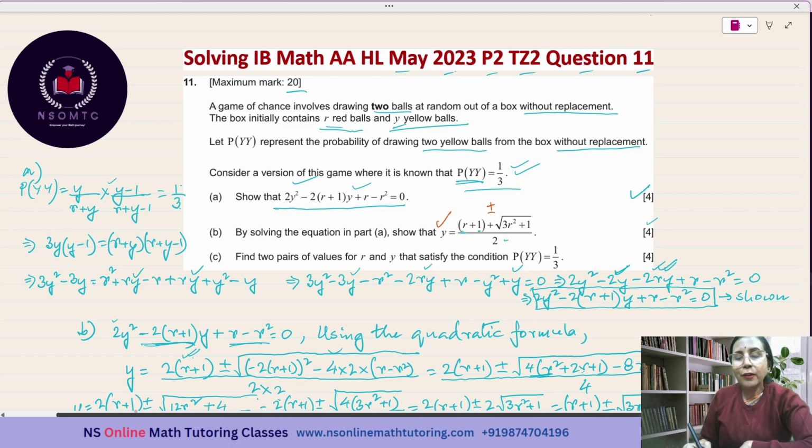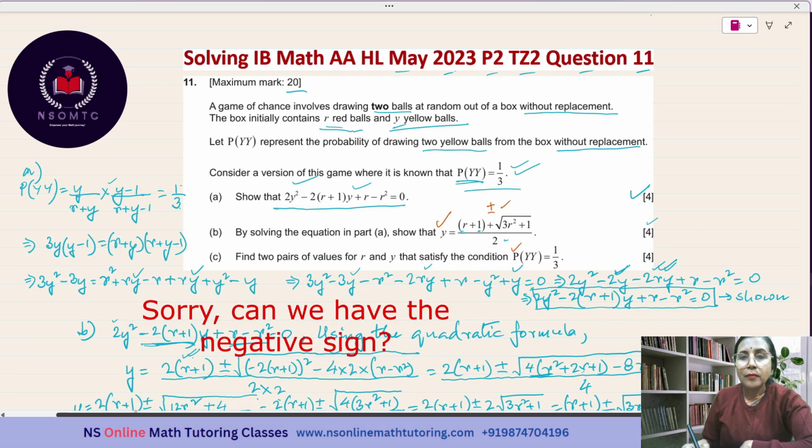And our question is, of course, we can take the plus sign because r plus 1 is a positive number and square root of 3r squared plus 1 is also a positive number. So, if we add them, the numerator will be positive, the denominator is positive. So, the y value, which is the number of yellow balls, has to be a positive integer. It will be a positive number. But can we take a negative number?